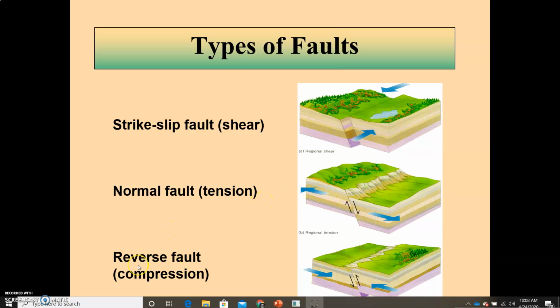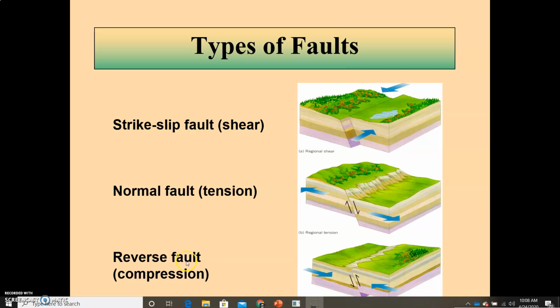Then lastly, there's this reverse fault. This is where compression happens. So you're actually squeezing these rocks, and then these rocks are moving up. So if you were to put this little stick figure in here, in this situation, the hanging wall would move up relative to the foot wall here.